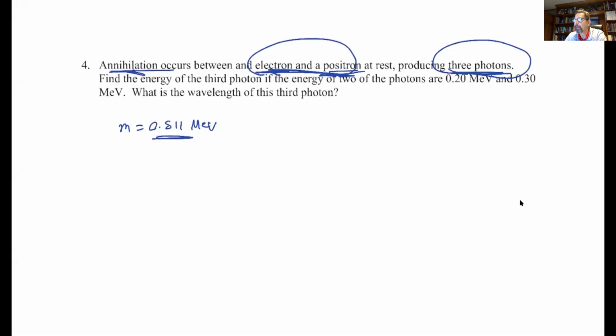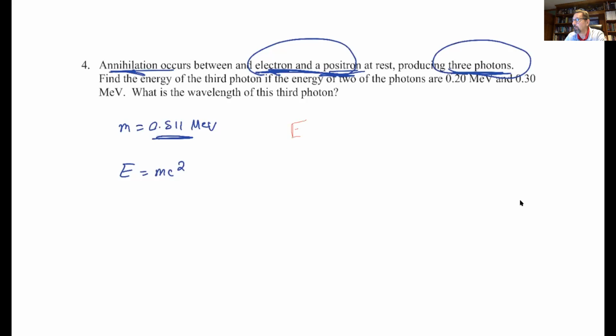Okay, so this is the mass you wrote right here. That is either the mass of the electron or the positron, right? Yeah, they basically have the same mass. So you're told they're at rest at the start, so they have no kinetic energy. So the question is, what is your initial energy?